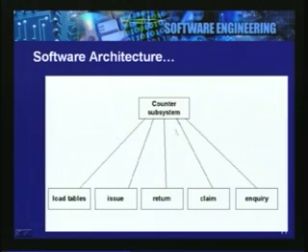This is the counter subsystem module, whose architecture now consists of different modules which load the various tables, which perform the issue transaction, return transaction and so on. So, each of them will be a module which will implement the functions required for these different transactions.